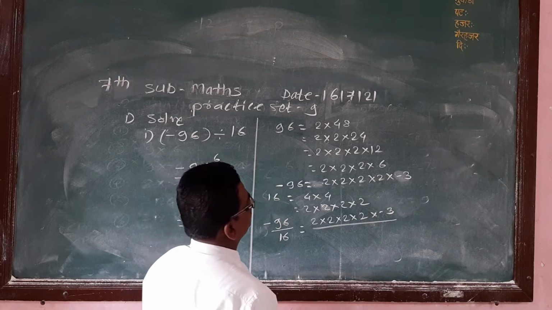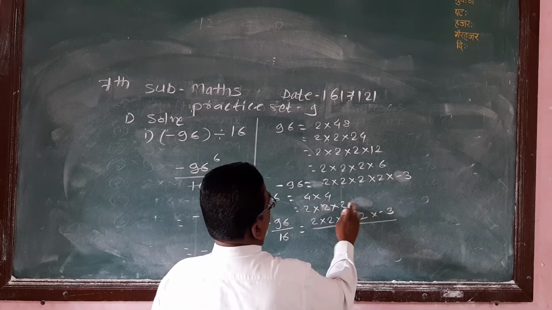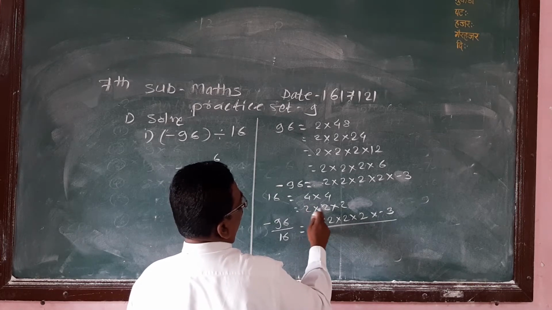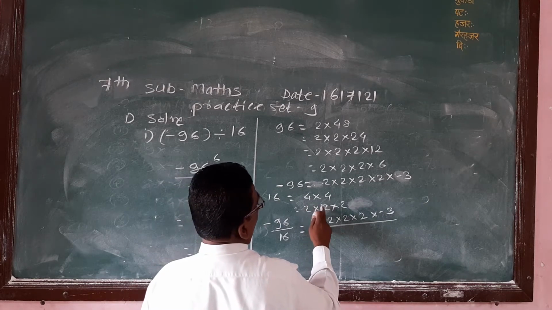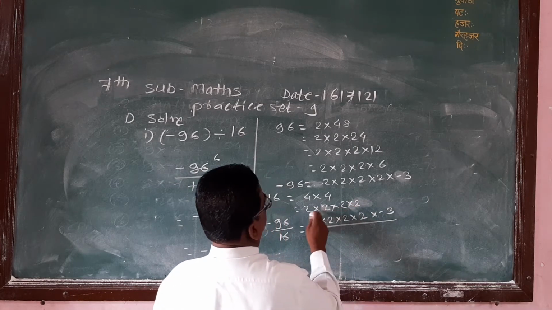Okay? Now this one more extra. 2 into 2 is 4, 4 into 4.